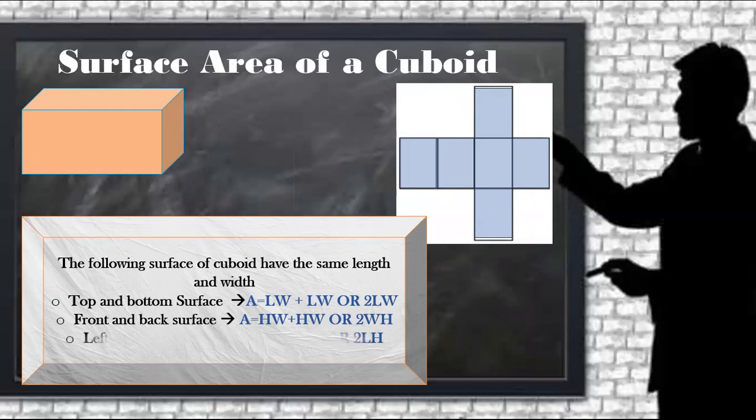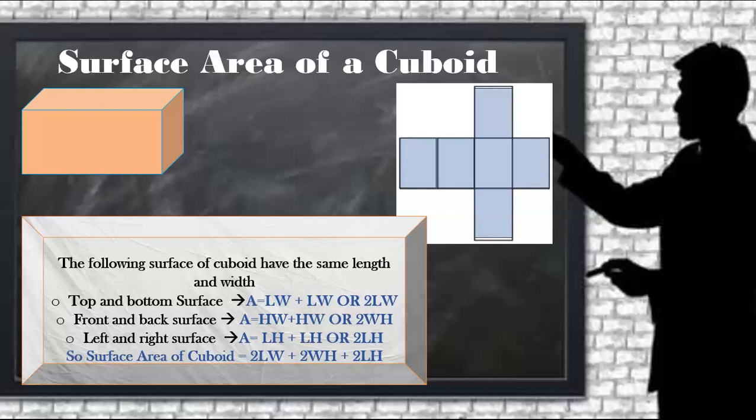And the last one is the left and right surfaces, which is length times height plus length times height, or 2 times length times height. So the surface area of the cuboid, or the total area of the cuboid surfaces, is 2 times length times width plus 2 times width times height plus 2 times length times height.